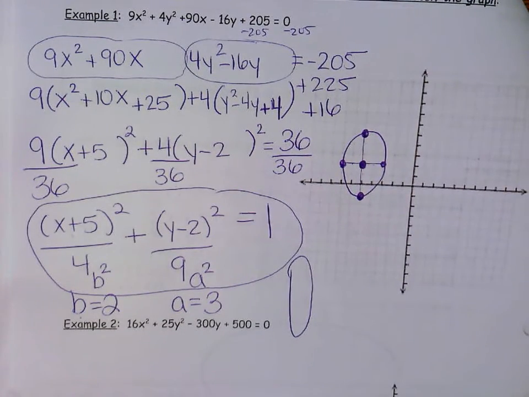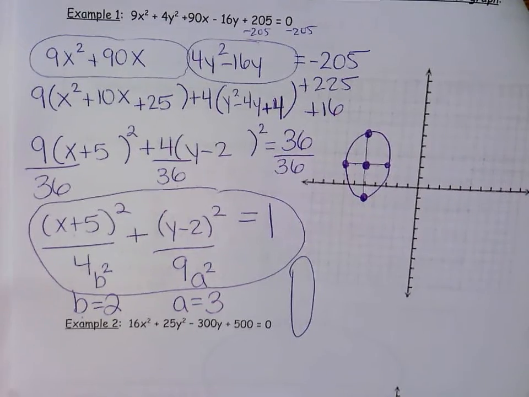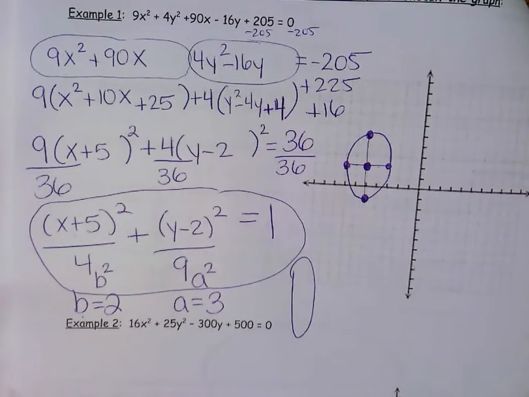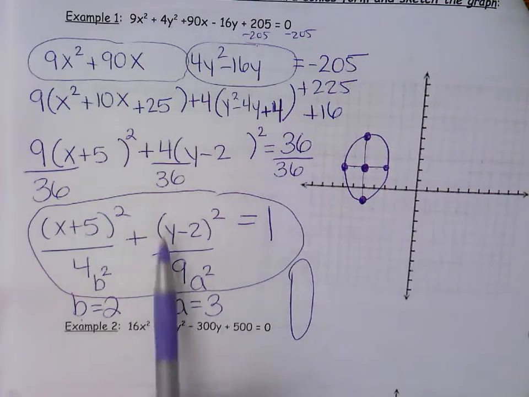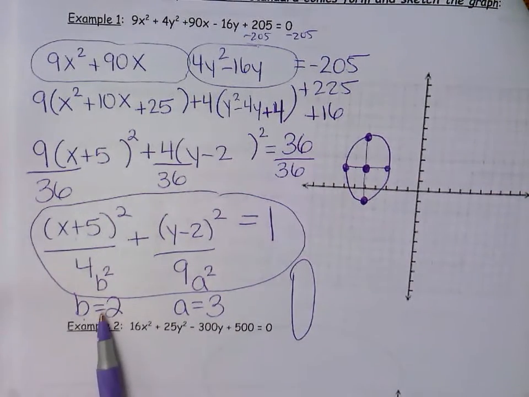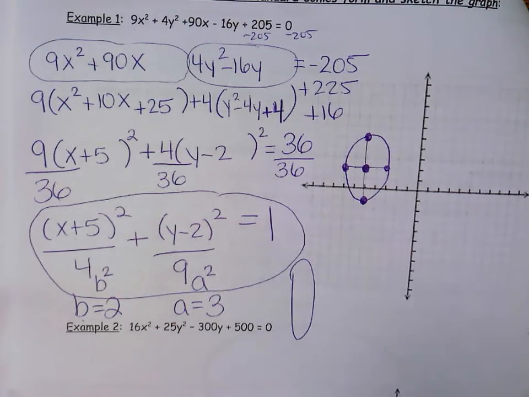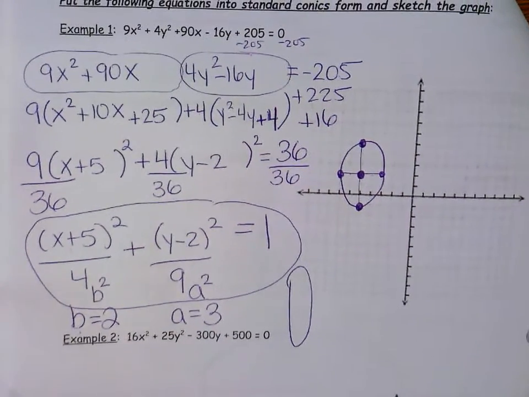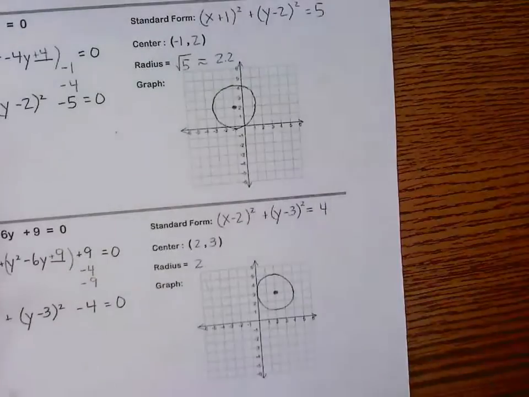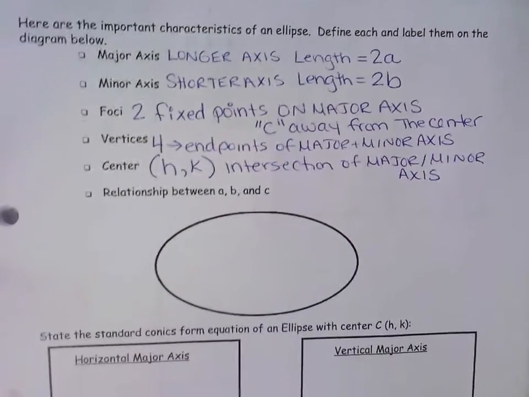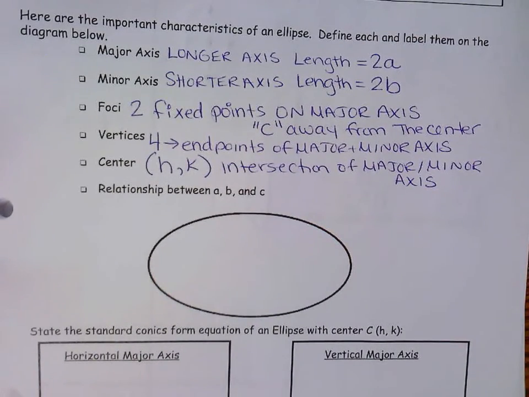So there's one thing that I haven't plotted on my ellipse, and that's the foci. So your last step is going to be to figure out what c is in this equation and plot your foci on your major axis. But to do that, we have to go back to the front page, and I'm going to prove to you how to find c. So the relationship between a, b, and c.